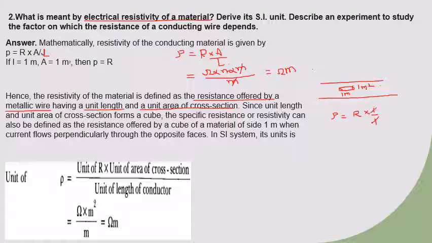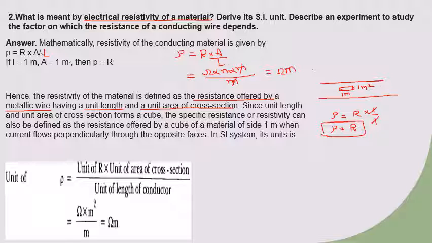If I cancel, I am getting that the resistivity is nothing but equal to the resistance offered by a wire of 1 meter length and area of cross section of 1 meter square. This is how we can define the resistivity of a material.